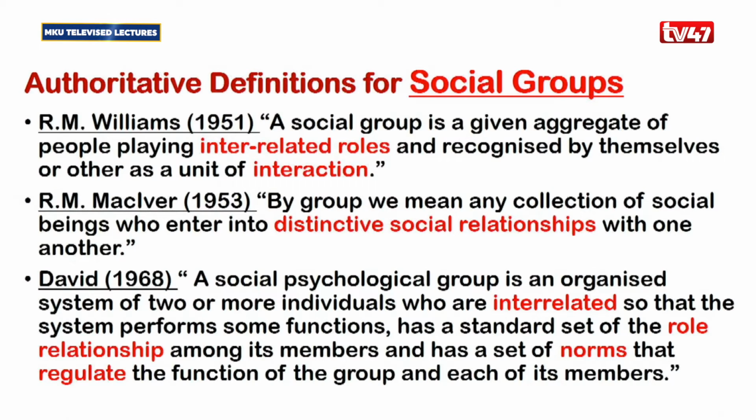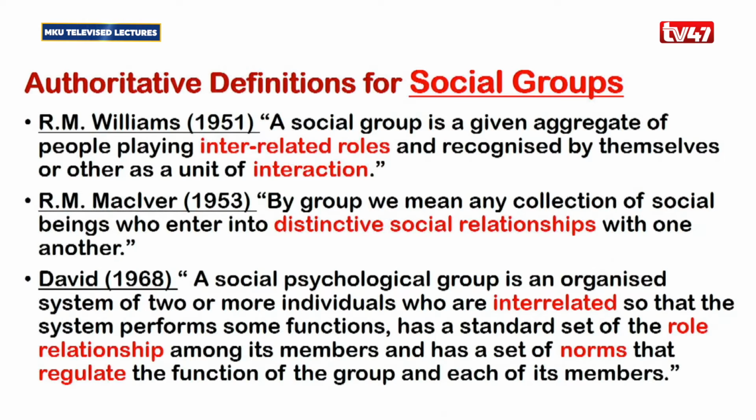Good. And for Davis, from a psychosocial perspective, a group is an organized system of two or more individuals who are interrelated so that the system performs some functions, has a standard set of role relationships among its members, and has a set of norms that regulate the function of the group and each of its members.